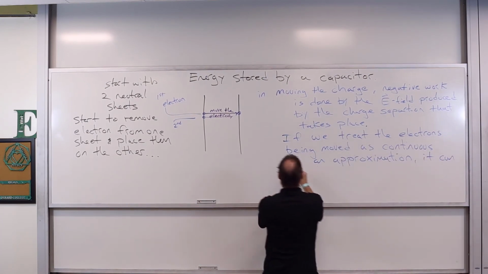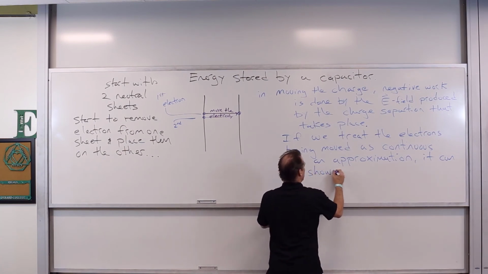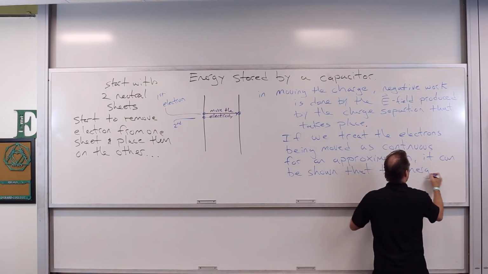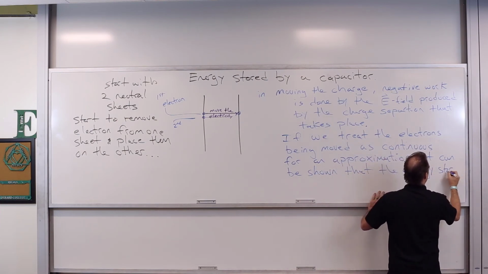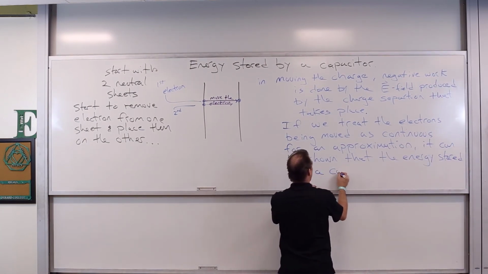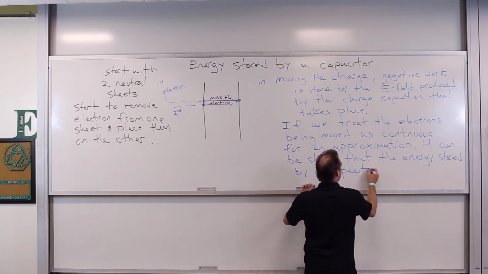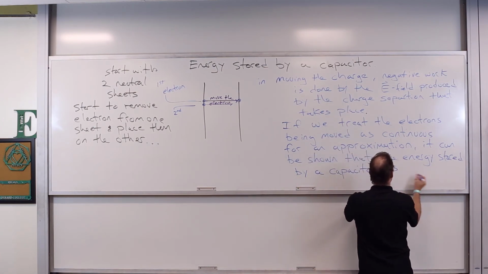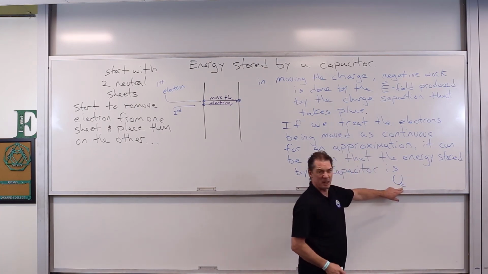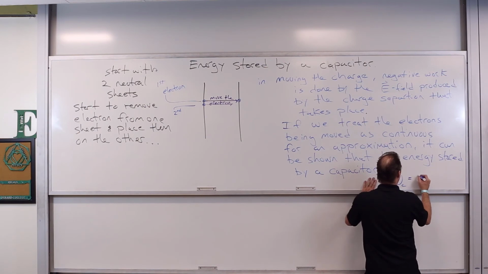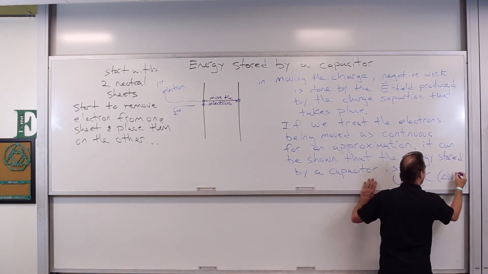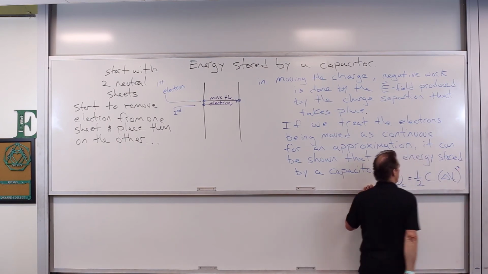So we'll say for an approximation, it can be shown that the energy stored by a capacitor is, we use U sub C, energy stored U, and then sub C for capacitor, is equal to 1/2 times the capacitance times the potential difference across the capacitor squared.